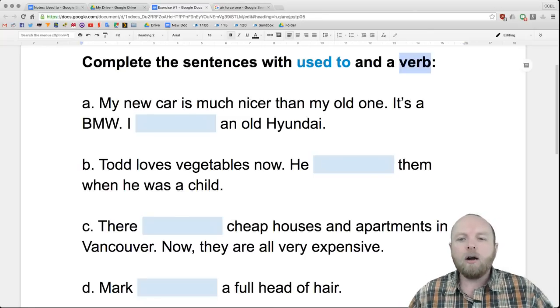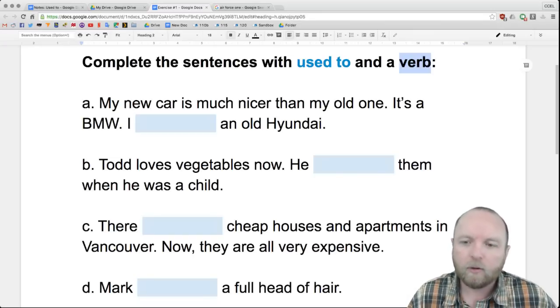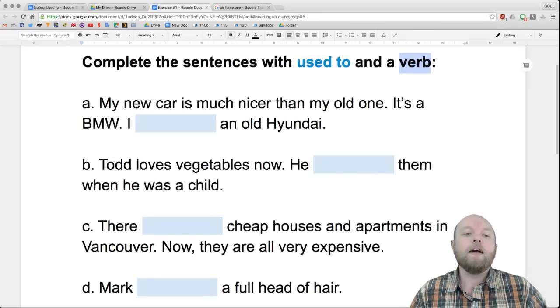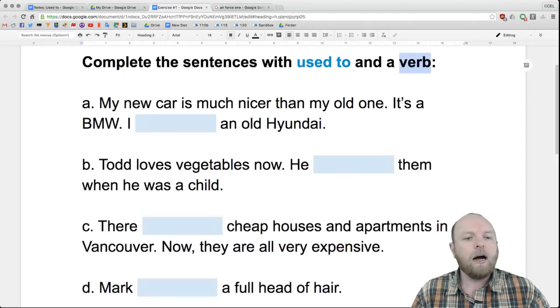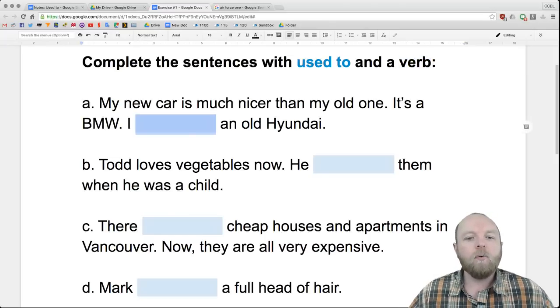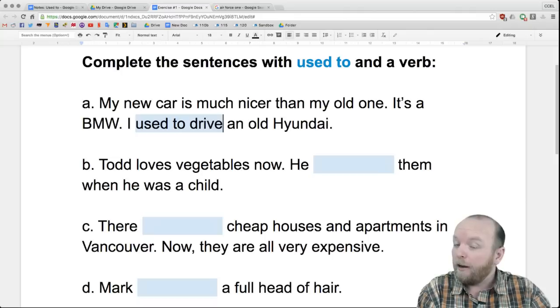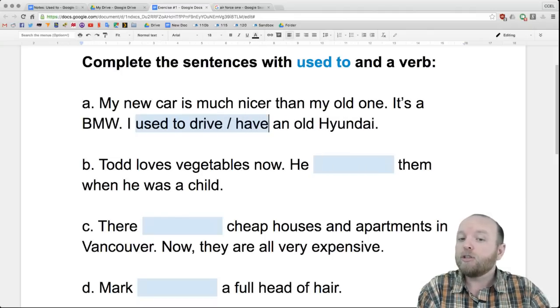My new car is much nicer than my old one. Okay, it's a BMW. An old Hyundai, I don't know the pronunciation. Well, what can we say here? Well, used to drive, or maybe used to have, right?